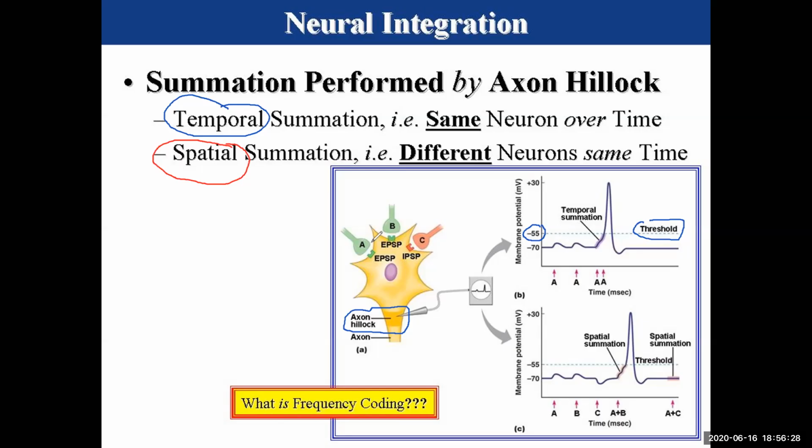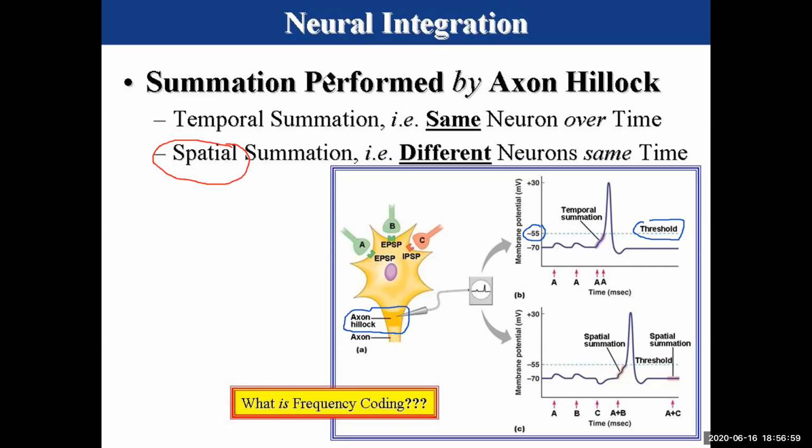So if, for example, I pay attention to only neuron A over time, that's temporal. Or only B over time is temporal. Only C over time is temporal. But when I say spatial, then it comes from different locations.